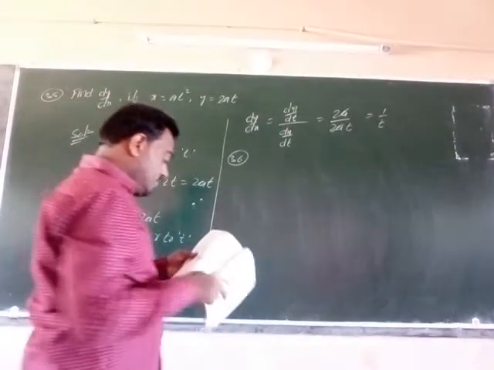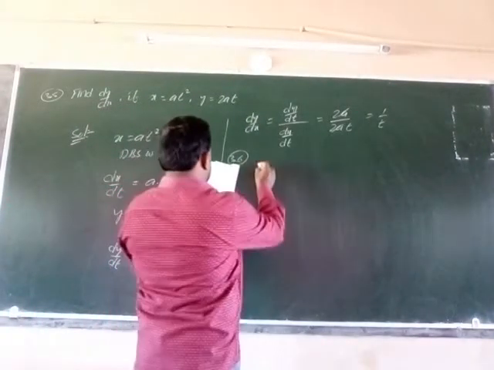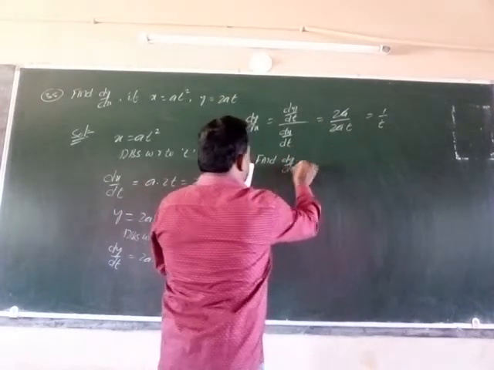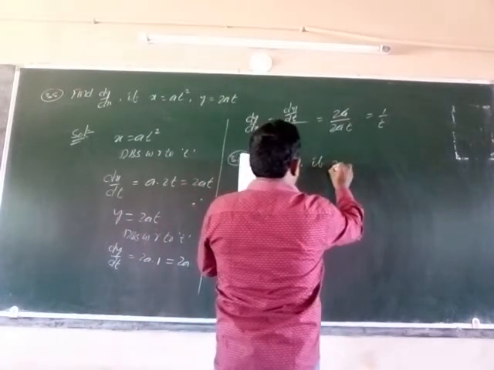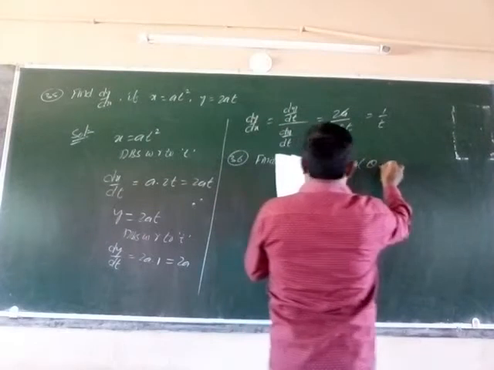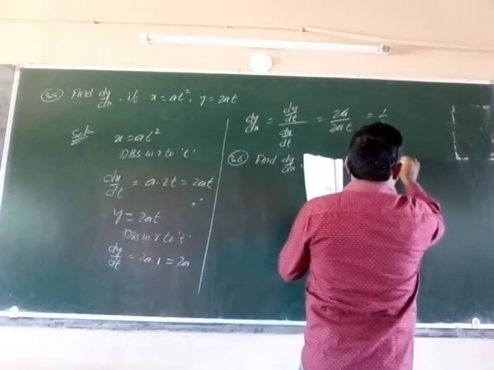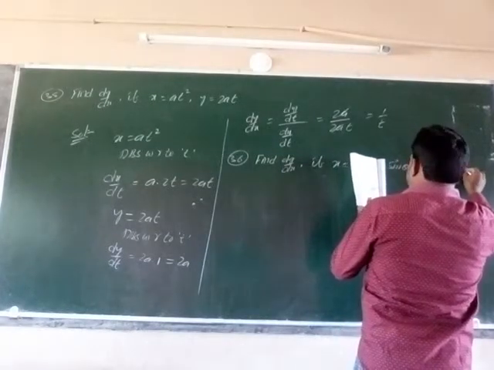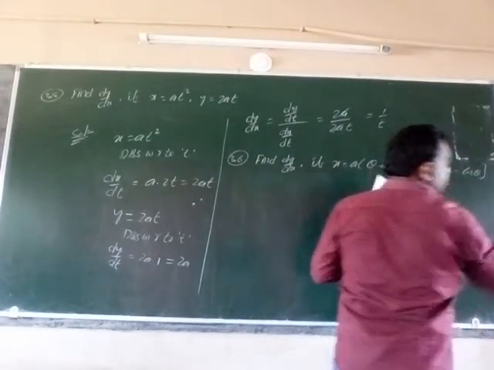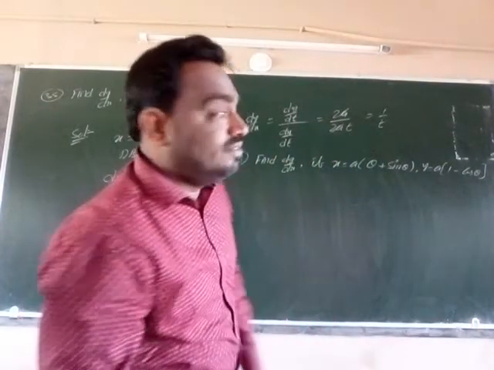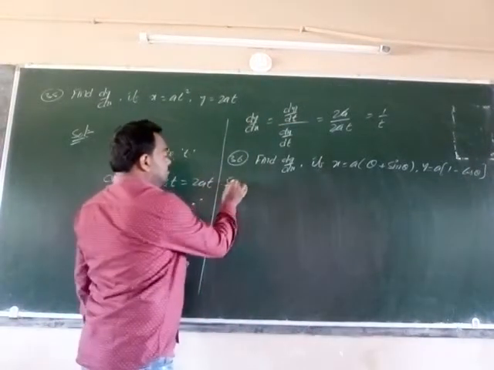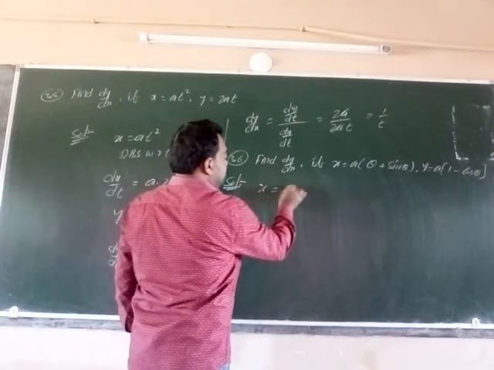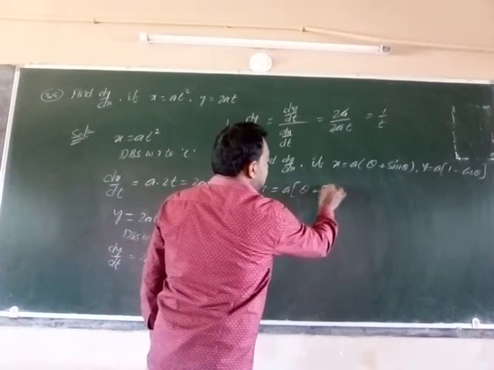Next, example 36. Find dy by dx if x equals a into theta plus sin theta, y equals a into 1 minus cos theta. Solution: x equals a into theta plus sin theta.